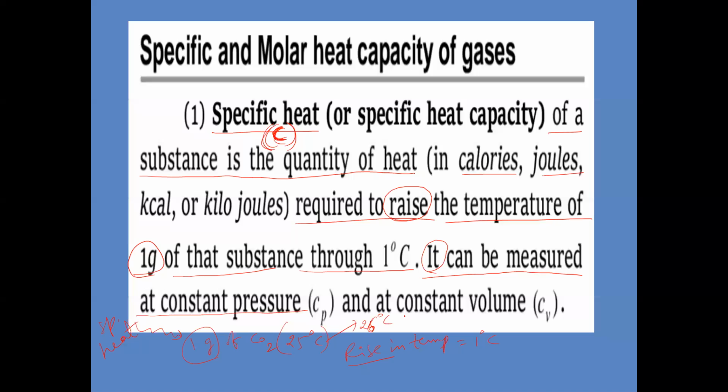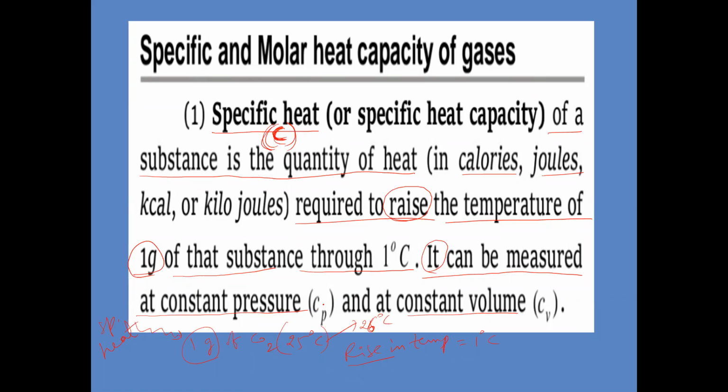And we can also measure the specific heat at constant volume, which is called CV. C subscript V indicates specific heat at constant volume, and CP is specific heat at constant pressure. So CP and CV, please keep in mind.